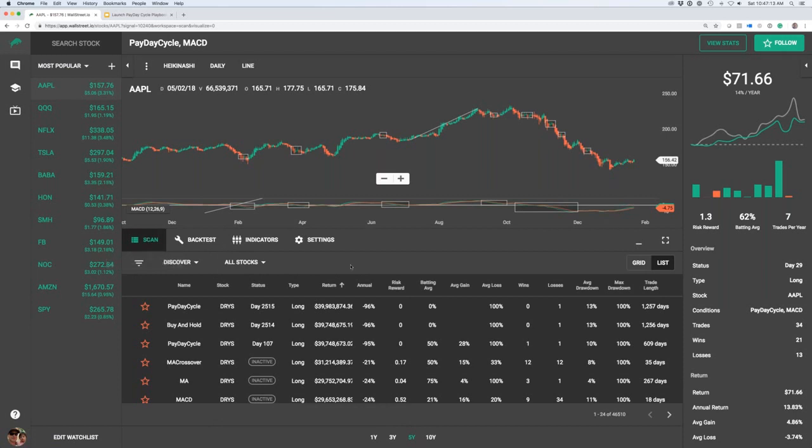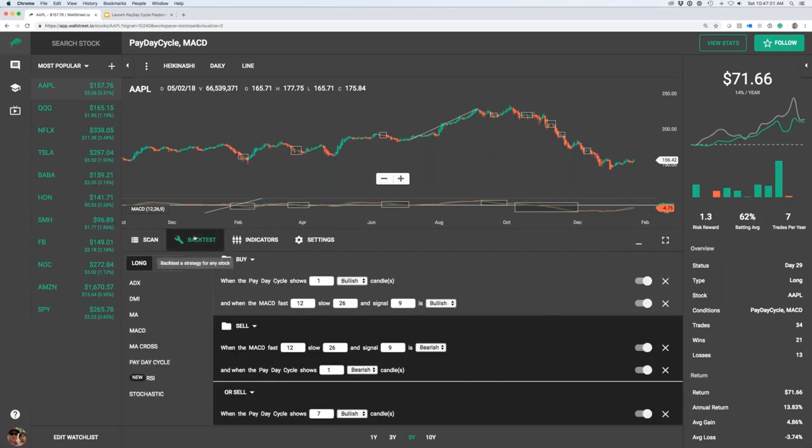Now, for other people, they may not want to geek out on this stuff. So we've created a really beautiful scanning system where you can scan for strategies inside of our platform. And our system is really, really smart, which means anytime a really great strategy is backtested by one of our community members, if it's a good one, that strategy becomes available via our crowdsourcing database and becomes available via the scan tab for everybody.